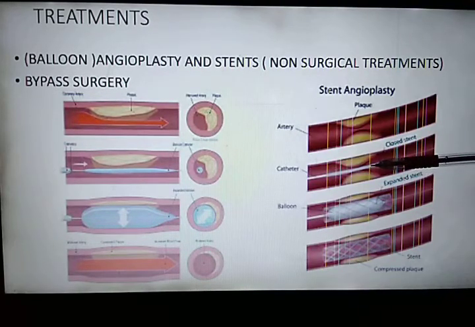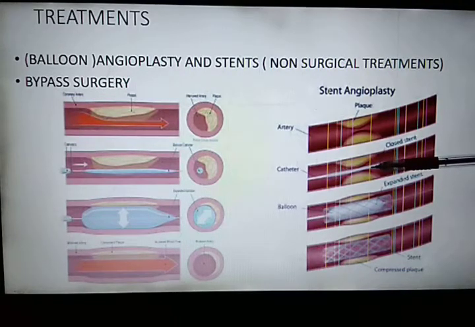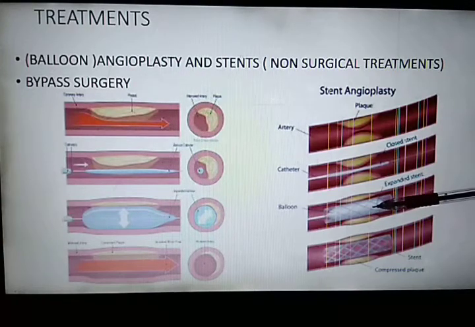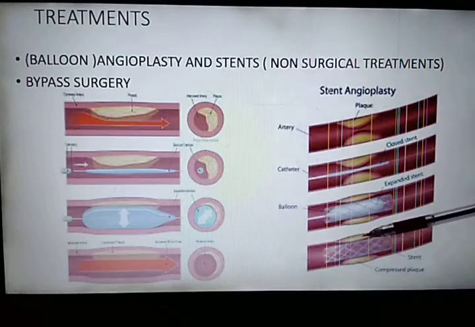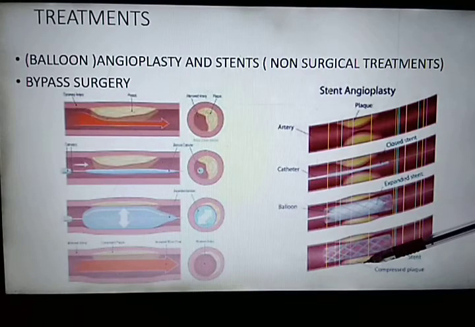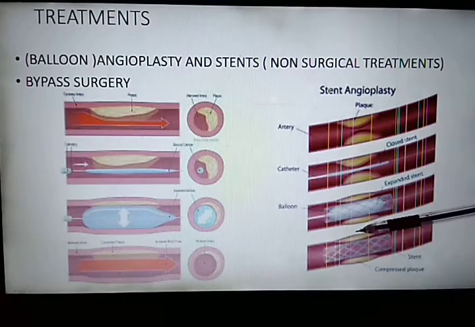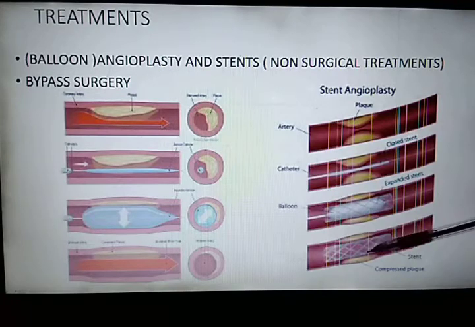And what is a stent? It is a stainless steel wire mesh. It is in a closed state. When the balloon is inflated, the wire mesh also expands. It breaks down the plaque, and then the wire mesh is inflated. Now the artery is open.